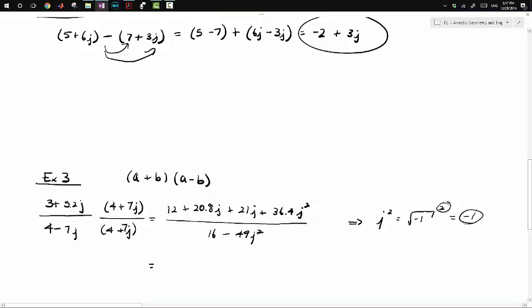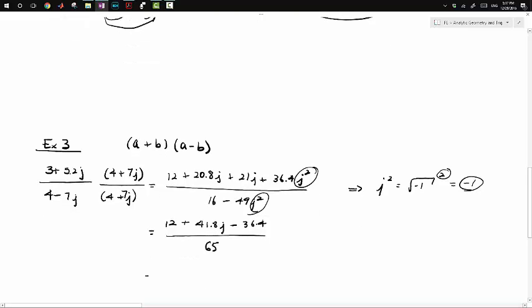So we can simplify this to be 12 plus 41.8j minus 36.4, because this j squared turned into a minus 1. In the denominator, this will also make this negative sign a positive. So if we add 16 plus 49, we get 65.